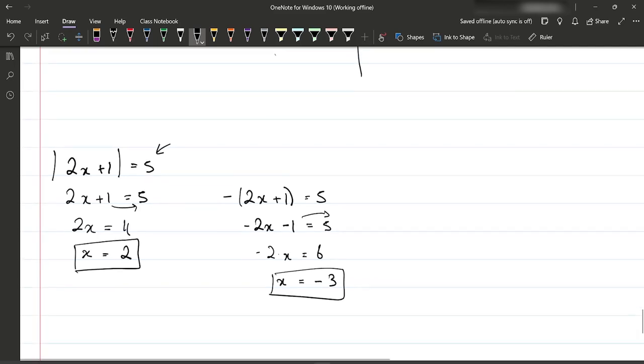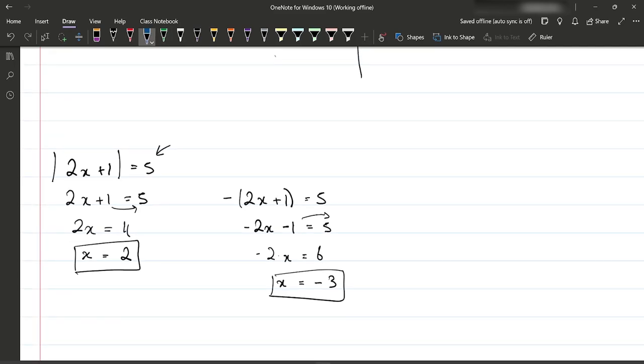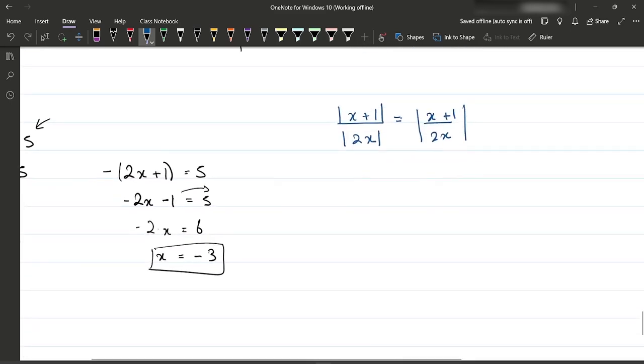If you have something like, let's say, modulus of x plus 1 over modulus of 2x, this is the same thing as saying x plus 1 over 2x, everything modulus. Don't get that confused. Let's say this equals 5 maybe.